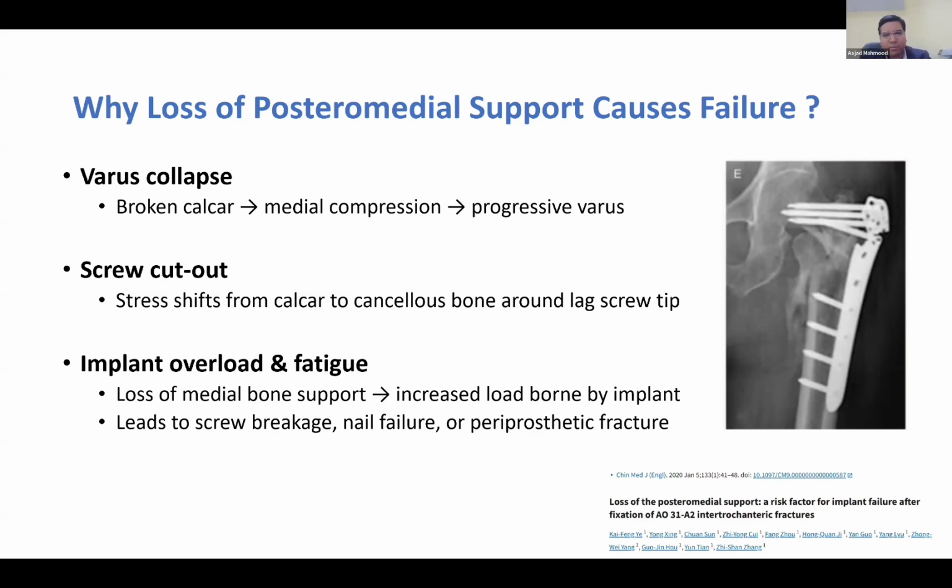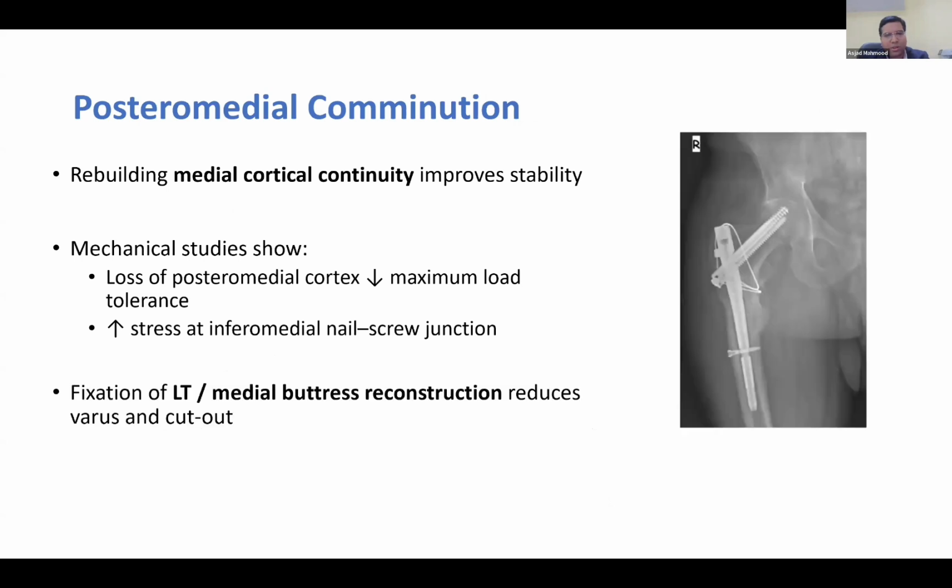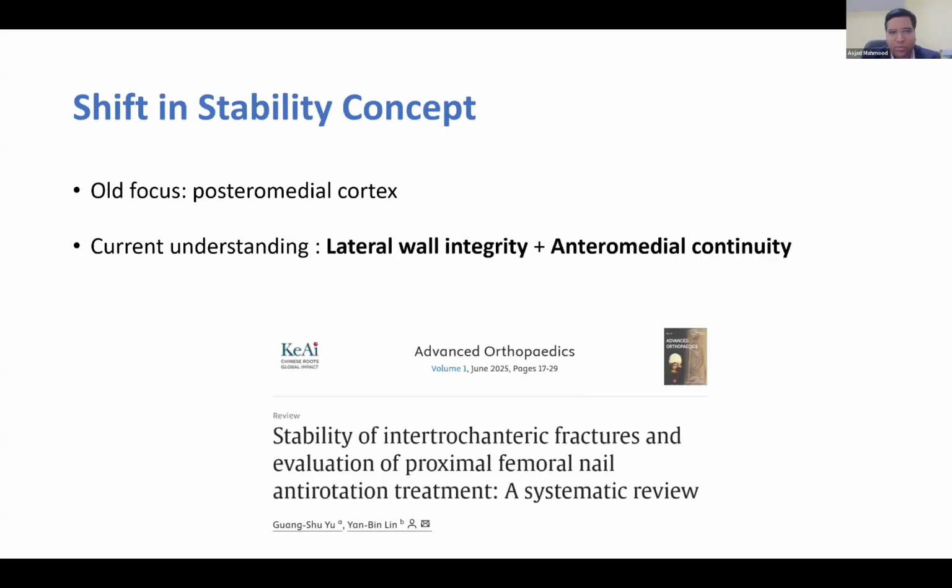In posteromedial combination, we have to rebuild the medial cortical continuity and improve the stability. Studies have shown that loss of the posteromedial cortex decreases the maximum load tolerance and increases the stress at the inferomedial nail junction. So fixation of the LT or a medial buttress reduces varus and cutout. After focusing on the posteromedial combination, the recent advances focus more on lateral wall integrity and anteromedial continuity.